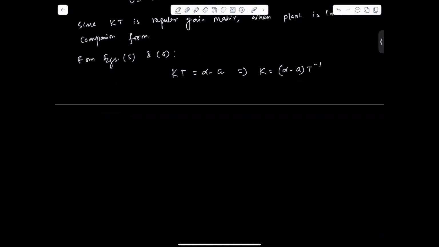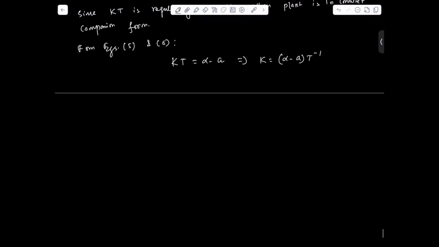So here we need to know T inverse, which will transform the plant to controller companion form. This you already know. Now we will take the controllability test matrix, using which we will arrive at the final Ackermann formula to find the controller gain of the system.